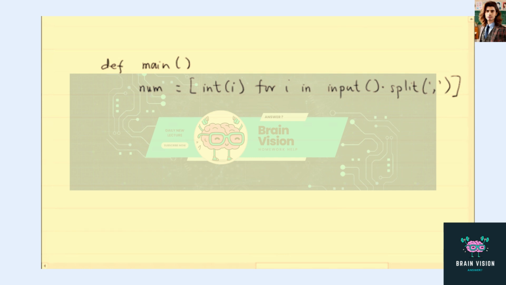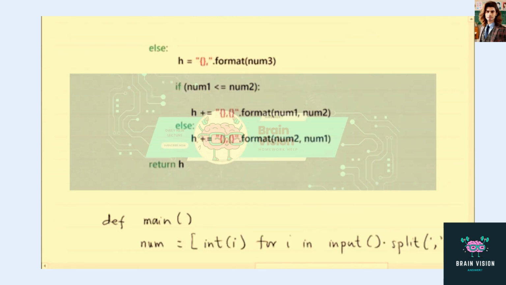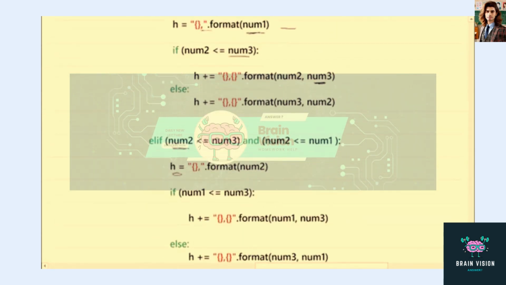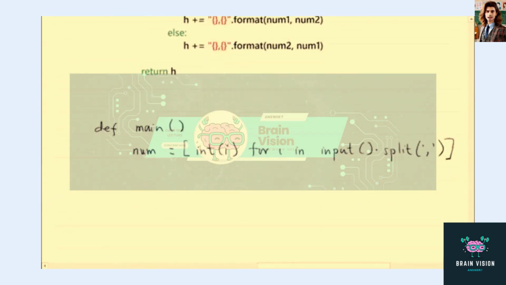Okay, let's go on. The second step is to pass them into the function display sorted numbers.